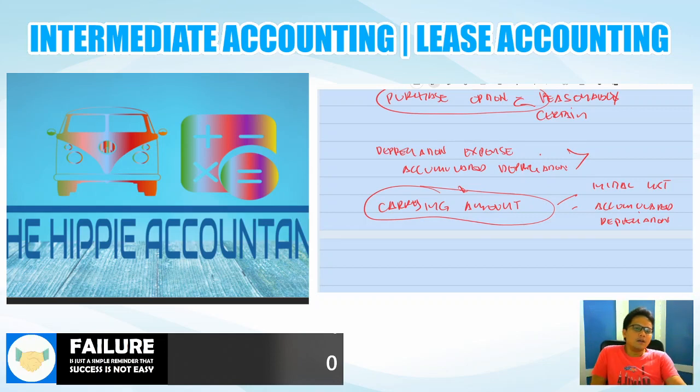Meaning, ang ibig sabihin lang yan is that if the subject of the lease is a machinery, then we present the right of use asset at its carrying amount in line with how we present the machinery. So that is under the line item of property, plant, and equipment. Para mas clear.